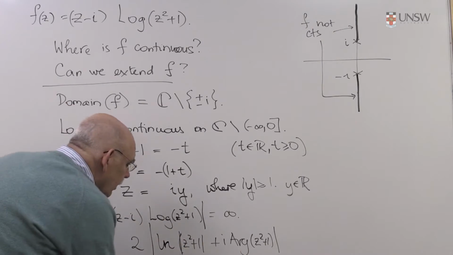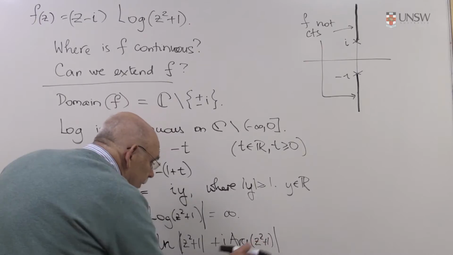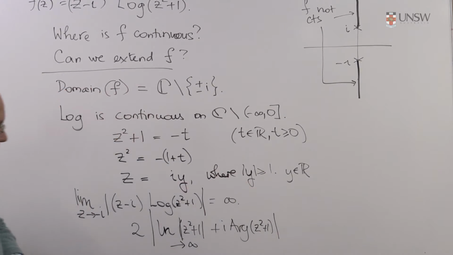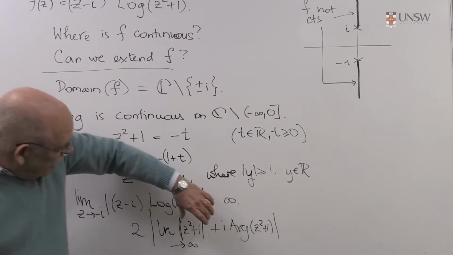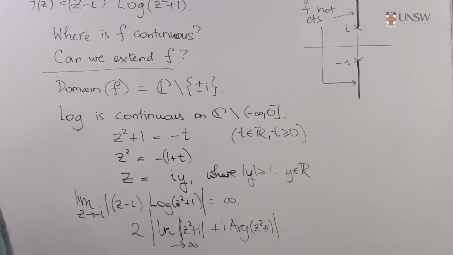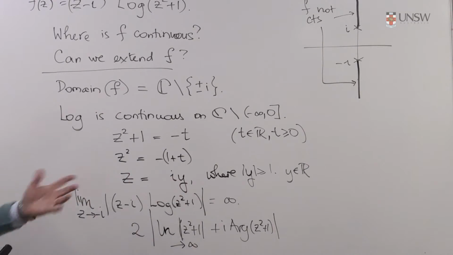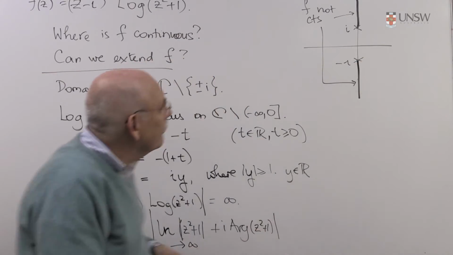The argument itself stays between π and −π. The fact is that this is bounded and it can't stop this part here going to infinity. So the limit is indeed infinity. So we really cannot extend f at this point.